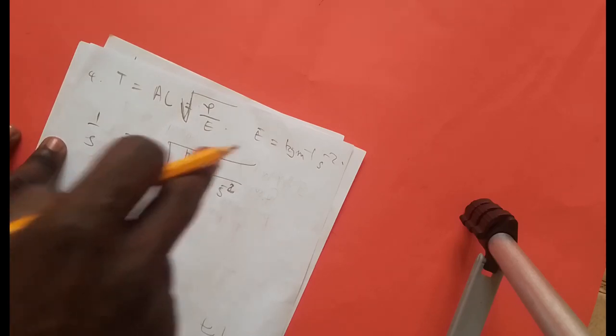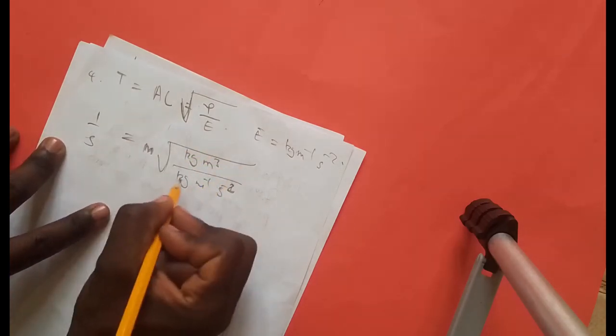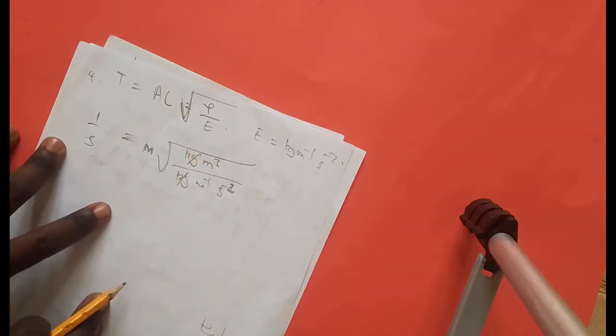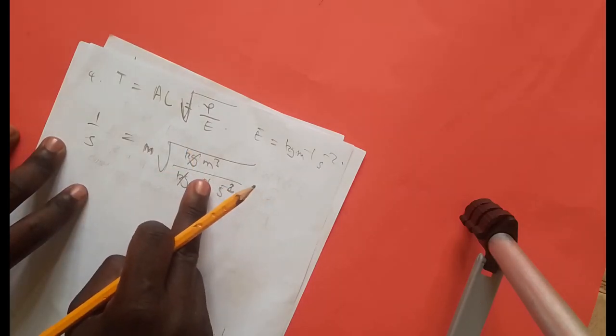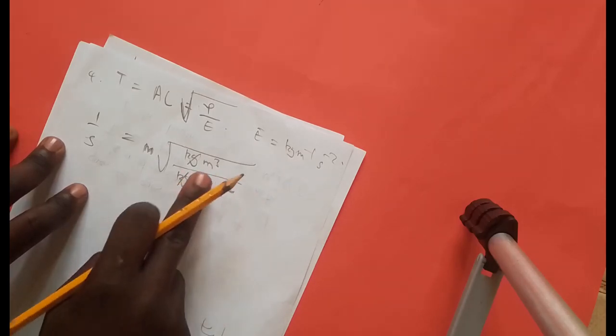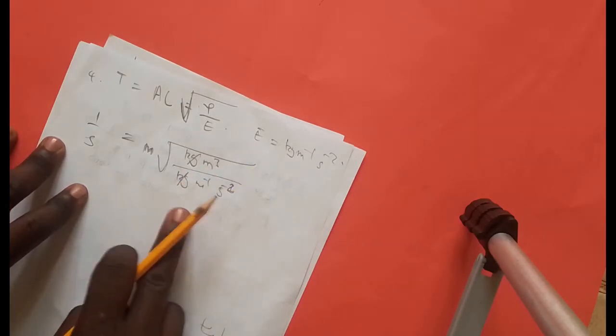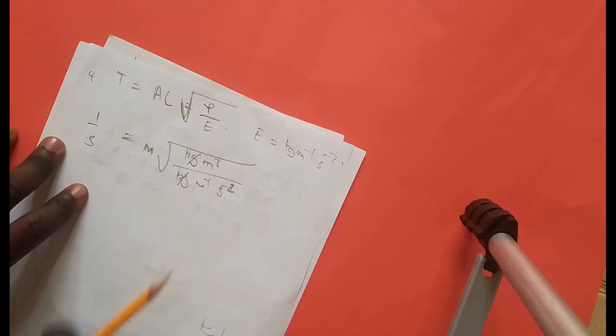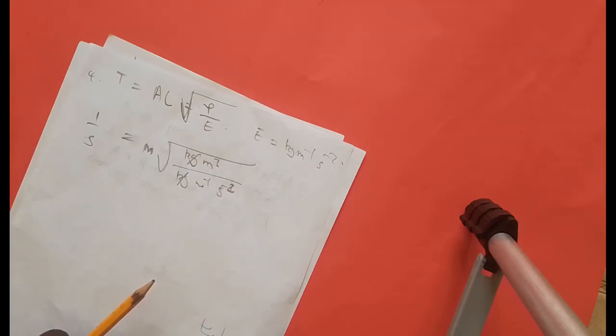So let's simplify what is under the root sign. Kg will cancel out kg, leaving us with meters to the power 3 over m to the power 3, which is meters to the power 3, over meters to the power negative 1. So let's simplify that. You just employ the laws of indices.